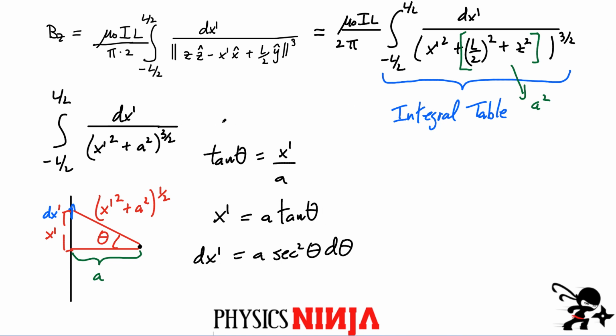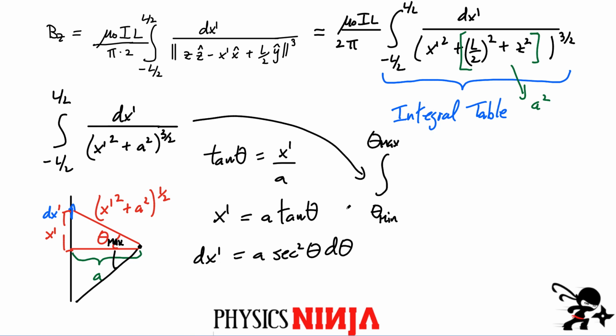So let me walk you through this a little bit. We're not going to be integrating from L over 2 to minus L over 2, because we're integrating over theta now. We're integrating over some angle, from theta min all the way to some maximum angle.